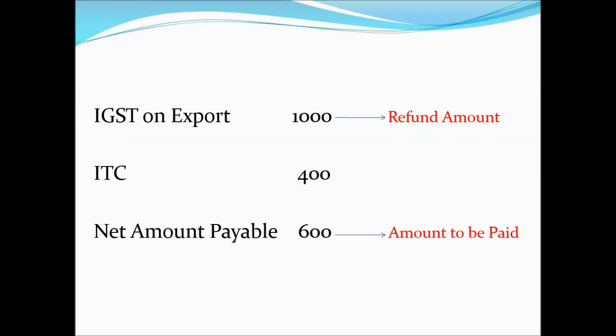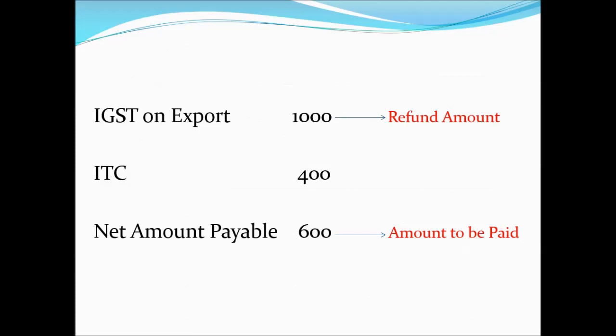So as you can see right now on your screen, this is an example: IGST on export is 1000 rupees and input tax credit is 400. So the net amount payable which you are required to pay from your pocket is 600. Remember that 600 will be the payment which you have to make from your pocket, and you can also adjust the ITC at the same time.